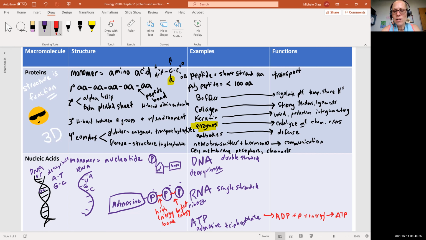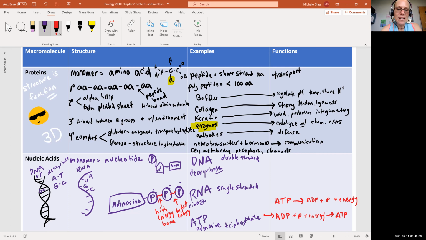When we break down our ATP, so now let's put our ATP on the left side of the arrow. Let's make it be the reactant. What we see happening is when we break down our ATP, we get that ADP back out, the adenosine diphosphate back out. We get that phosphate group released, and we get energy given off.